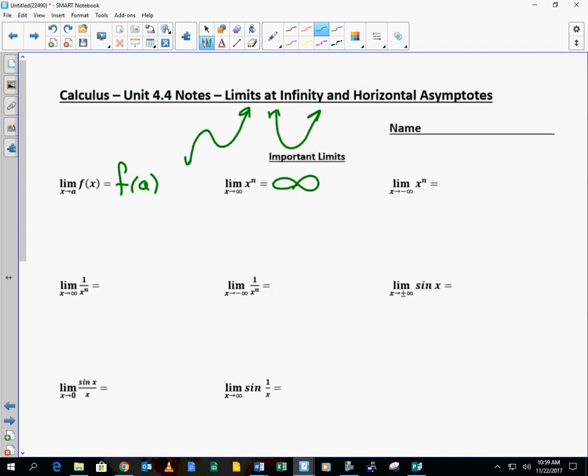But for the cubic, as x goes towards negative infinity, y goes towards. So why is that? If n is even, if you take a negative to an even power, you get a positive. So you get infinity. If n is odd, if you take a negative number to an odd power, you're going to get a negative. So it really depends.